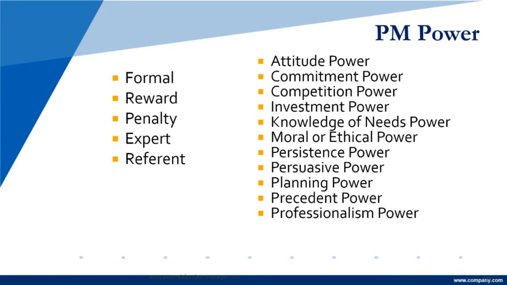I brought all of these up so you can look at them as a group of different items that, when you are thinking about why can't I get things done, part of that is in the power that you have and that you seek, power that is perceived as well as that you have. Attitude power, commitment power.